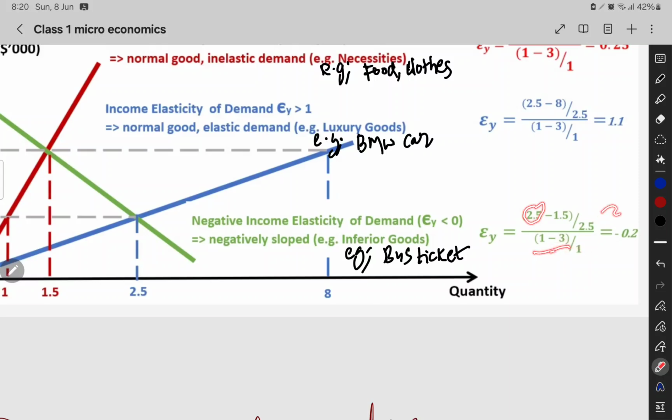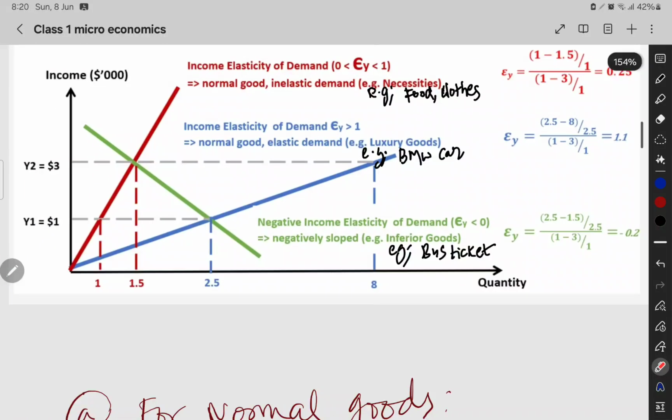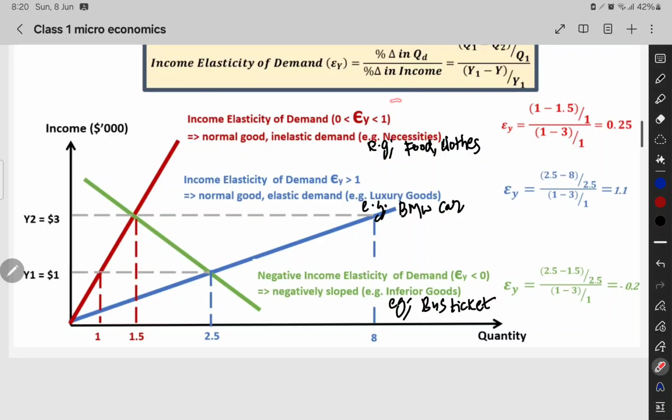My income increased, but the quantity demanded decreased. So the denominator, income increased, will be positive, and the quantity demanded decreased, so the numerator will be negative. Therefore, the total is negative. When I calculate, I am getting a negative value, less than 0. That is what they are indicating basically.